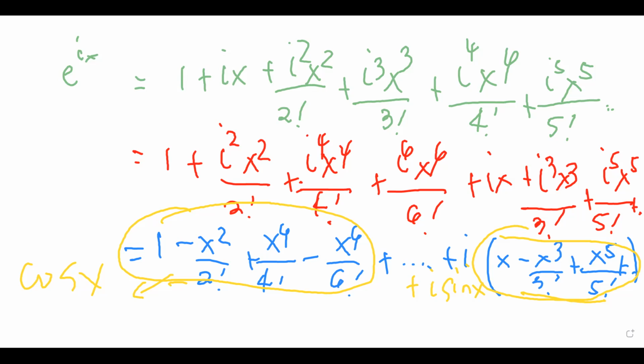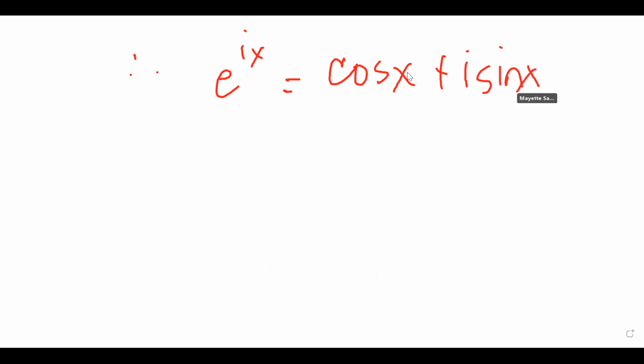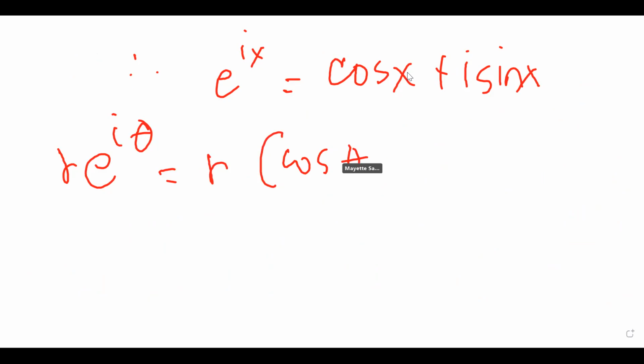So therefore, e^(ix) is equal to cosine x plus i sine x, or you can say r, this time with the modulus, e^(i theta), where instead of x we use theta. e^(i theta) is equal to r cosine of theta plus i sine of theta.